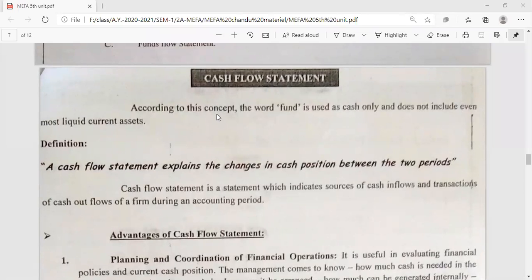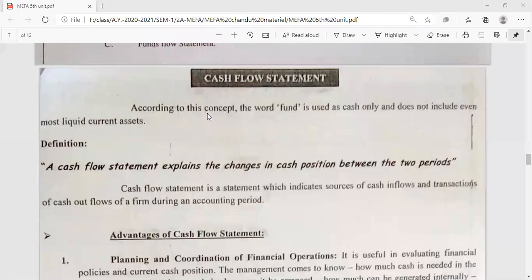According to this concept, this fund is also called cash, and it doesn't include any of the most liquid current assets.